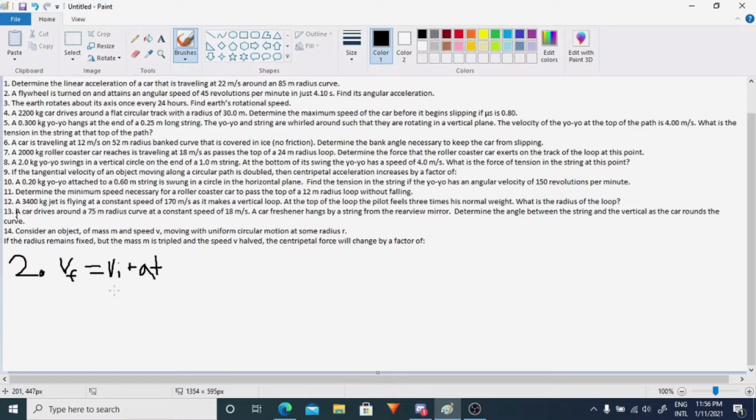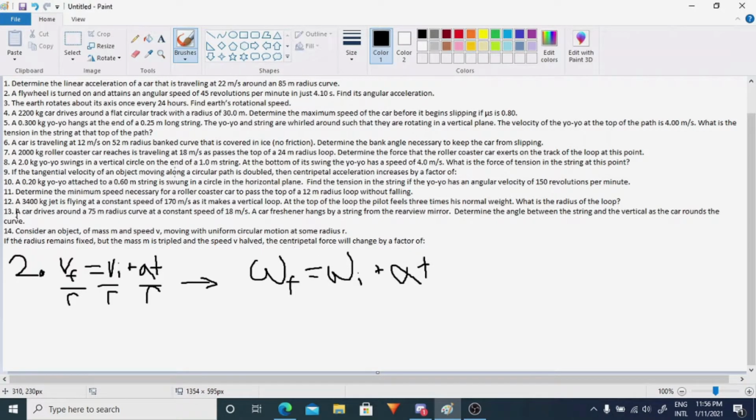So keep in mind, these equations work for rotational velocities, accelerations, and angles if you just divide both sides by r, which will change this into omega final equals omega initial plus alpha t.